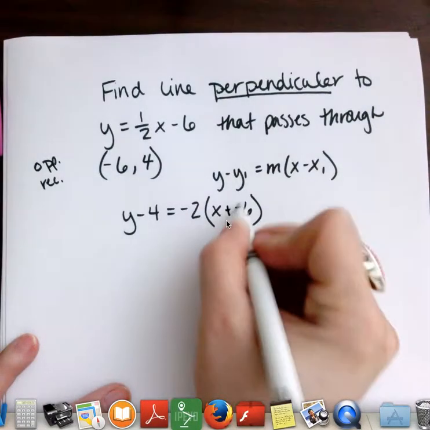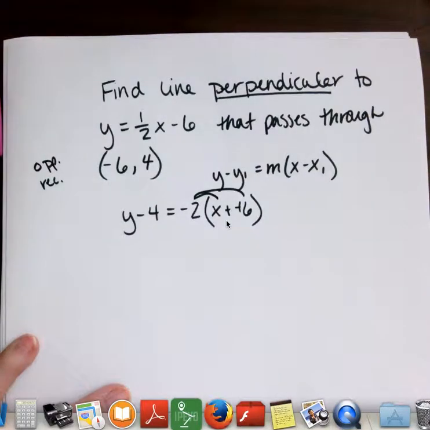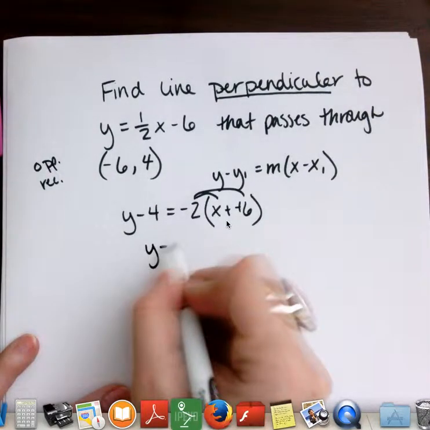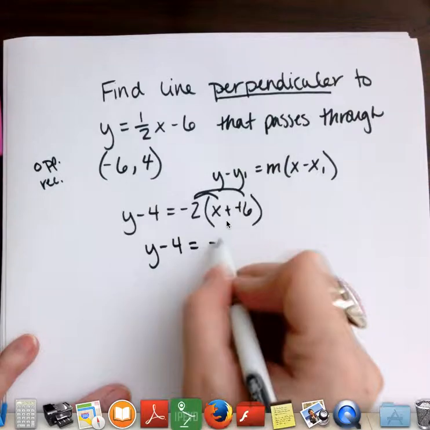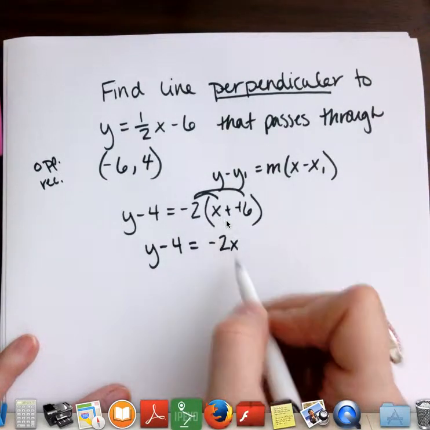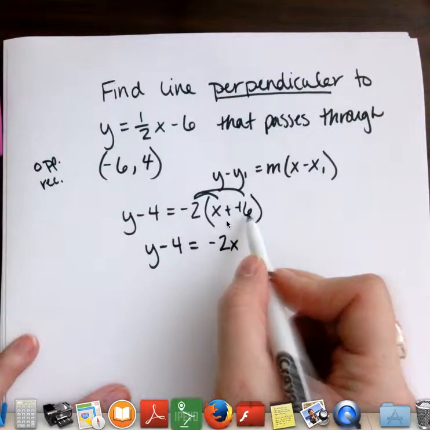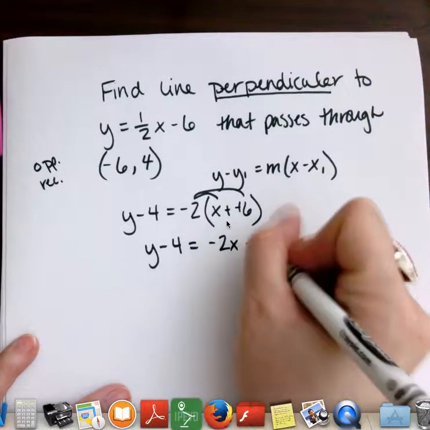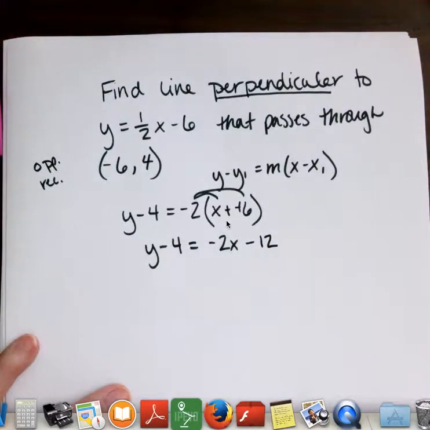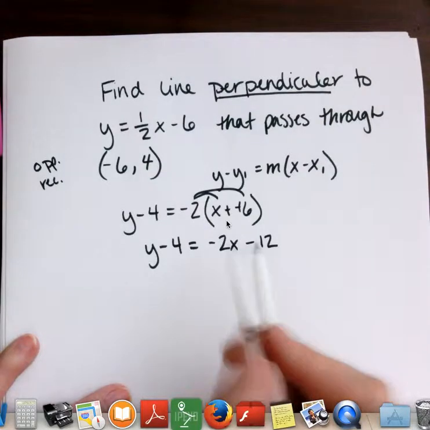So really I'm adding here. I'm going to distribute my slope, y minus 4 equals negative 2x, because negative 2 times x is negative 2x, and then I take negative 2 times 6, and I get negative 12. I'm not quite done yet, because again, I don't have y equals something, right?